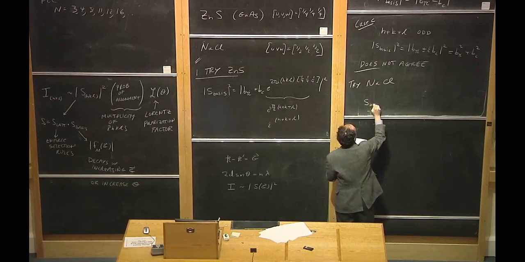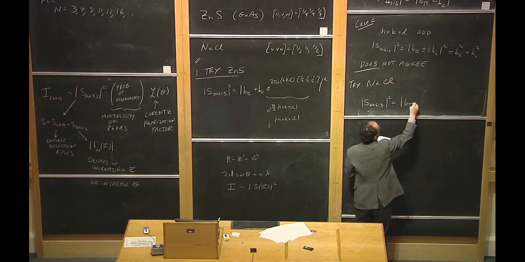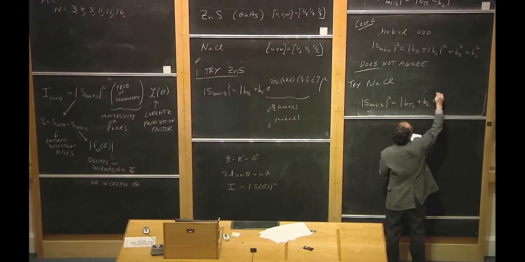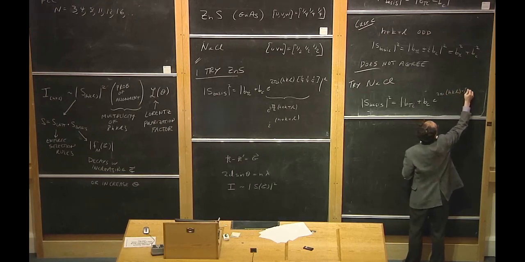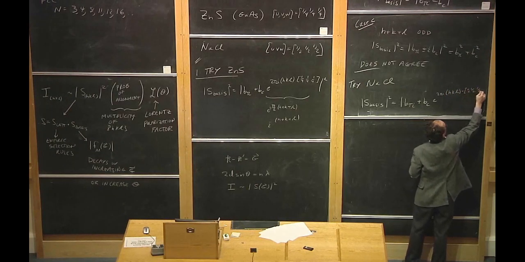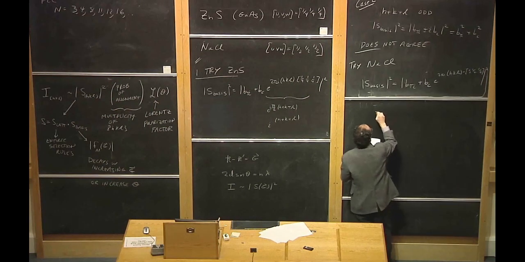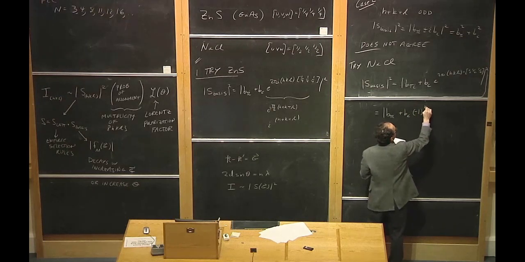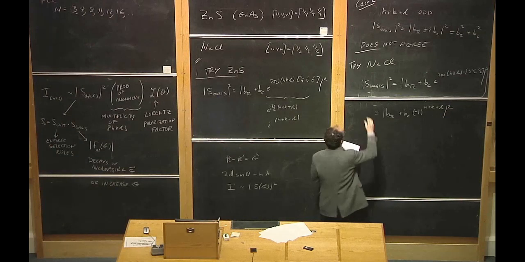So S basis squared is then B titanium plus B carbon times e to the 2 pi i (H, K, L) dotted into (1/2, 1/2, 1/2), and then all squared. And that we can rewrite as B titanium plus B carbon times minus 1 to the H plus K plus L, all squared.